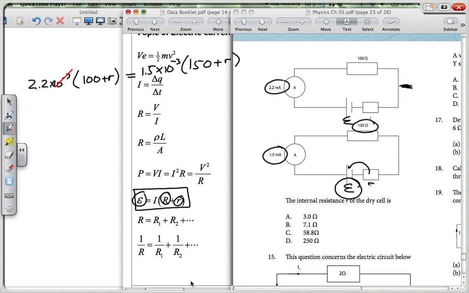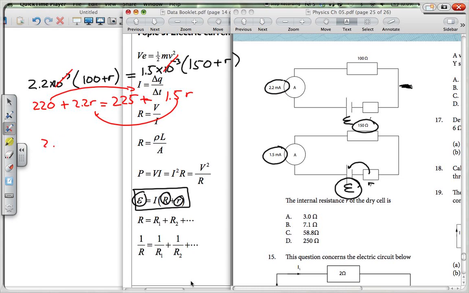I can just multiply it by 1,000 through and get rid of that. I multiply this through, I'm going to get 220 plus 2.2R is equal to 1.5 times 150 is 225 plus 1.5R. And then I can just take the R over to that side and the number over to that side.